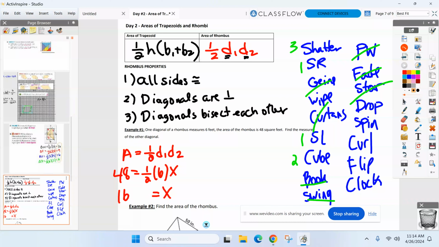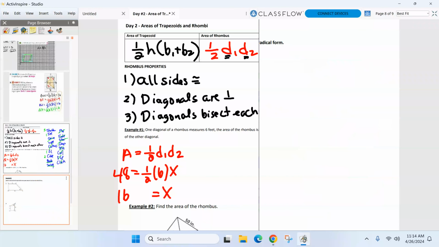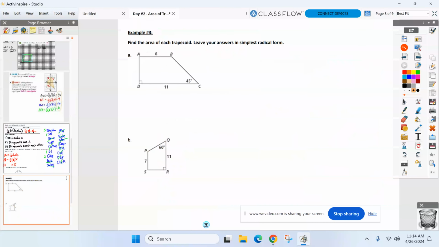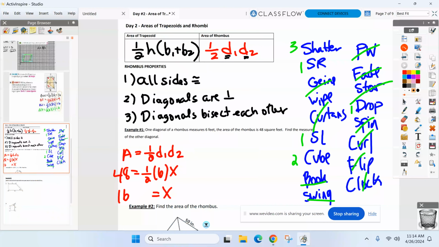Drop. Spin. Curl. Flip. Clock. Okay, what do we got? Shatter or Promethean person? Ready? Here we go. Wait, didn't more than one person vote for drop? Oh, was it? Sorry. Well, I guess it wasn't drop anyway, so we didn't need to worry about it. It was the book nobody chose.